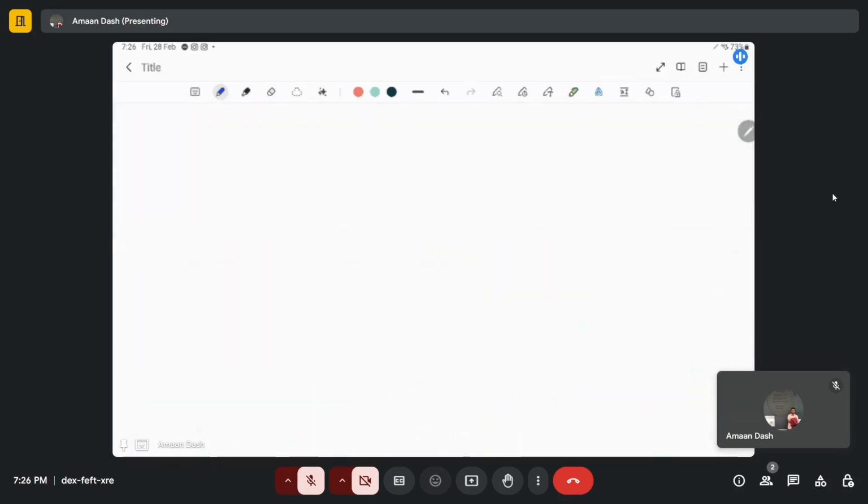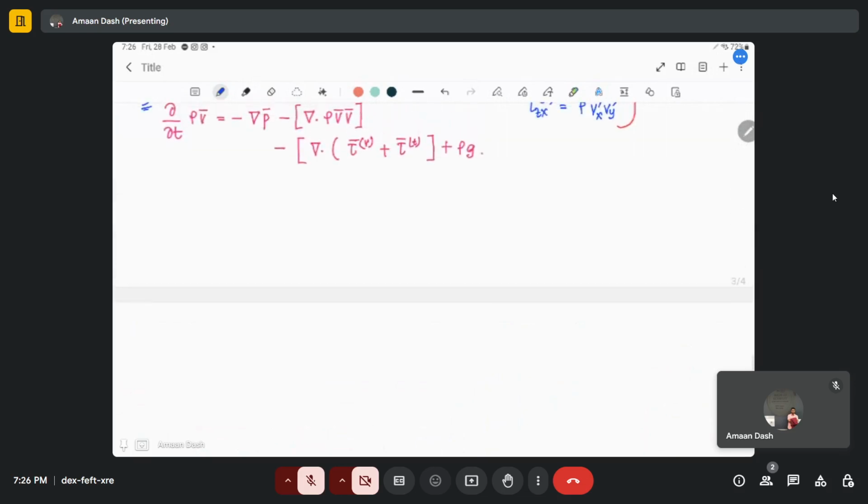Now let us move forward and see the time smooth velocity profile near a wall. Okay.